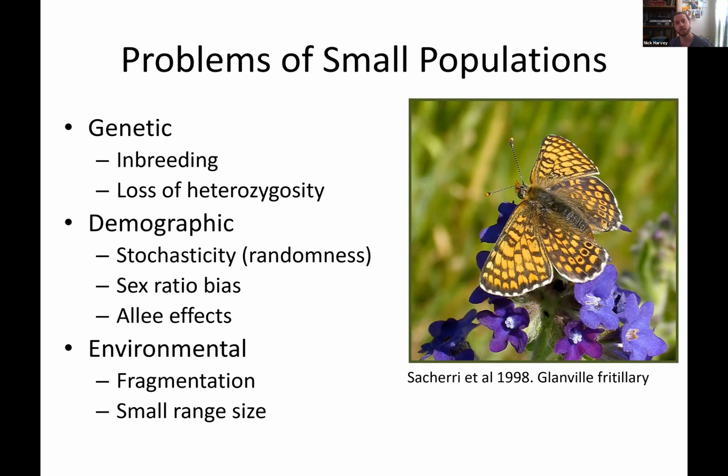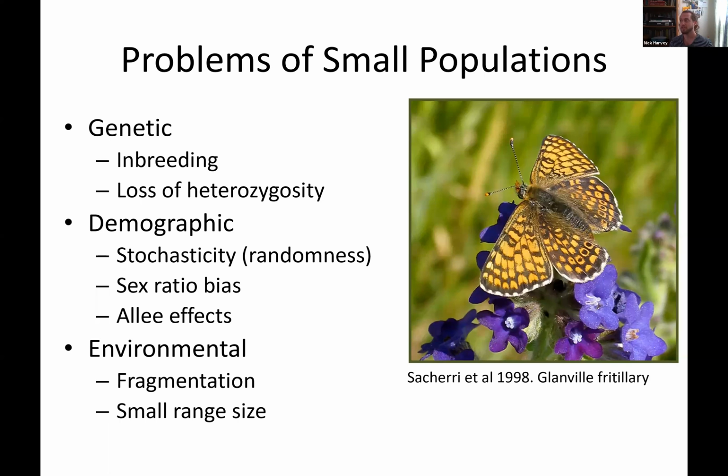As well as genetic issues, we also have demographic issues, demographic stochasticity. So this is stochasticity that's just based on chance events in the mating and the population dynamics of a particular population. A lot of this can be caused by, as I said, these chance events.